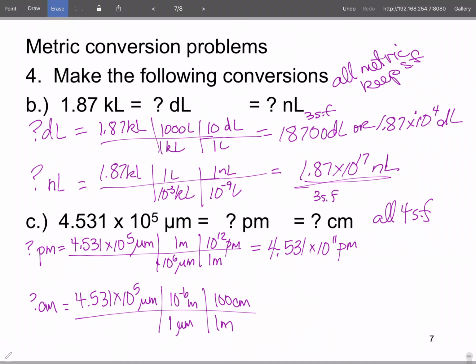So, I don't need that tail. So I end up with 45.31 centimeters. Now, for those of you who like the scientific notation, you can do 4.531 times 10 to the 1 centimeters as you go.